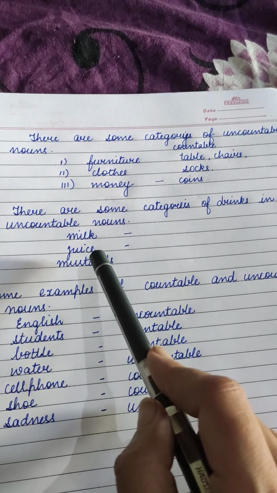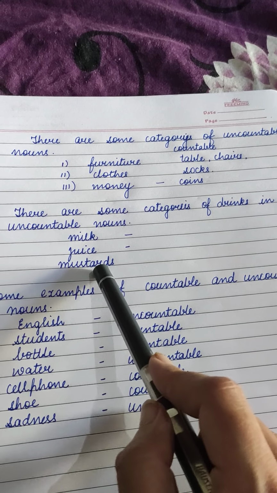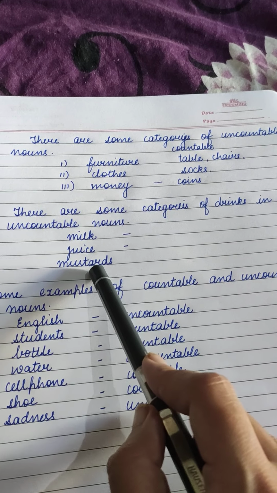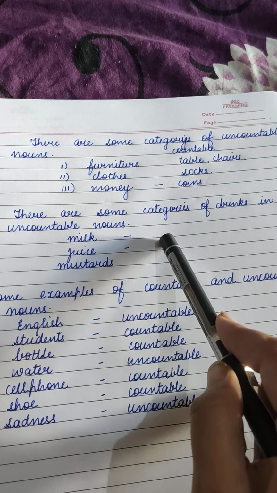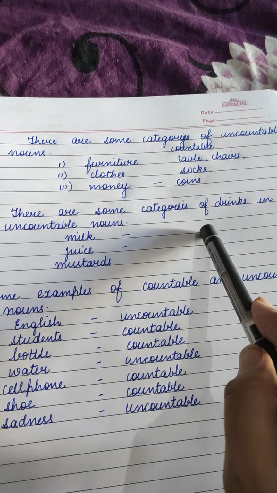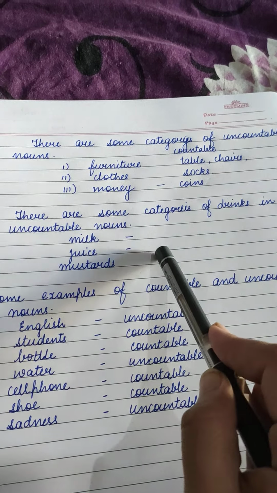This also comes in the uncountable list, like drinks. So you can say I have 2 bottles of milk, 3 bottles of juice, 2 bottles of mustard.